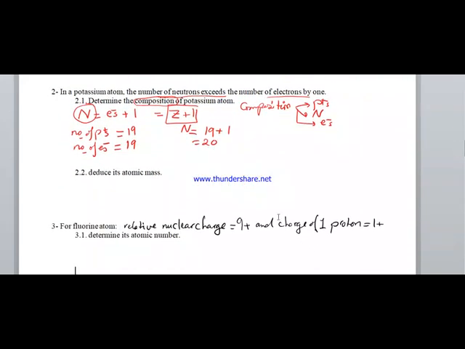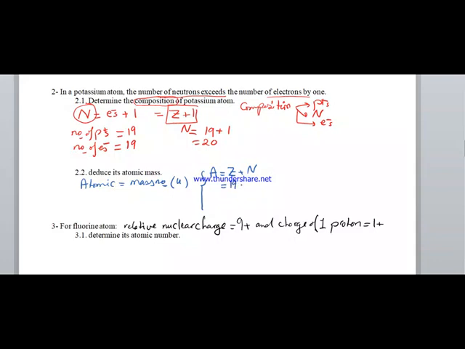Second part, deduce its atomic mass. The term atomic mass means equal to the mass number, with unit U. To find the mass number, A is determined by the relation Z plus N. We sum Z with N, protons and neutrons.